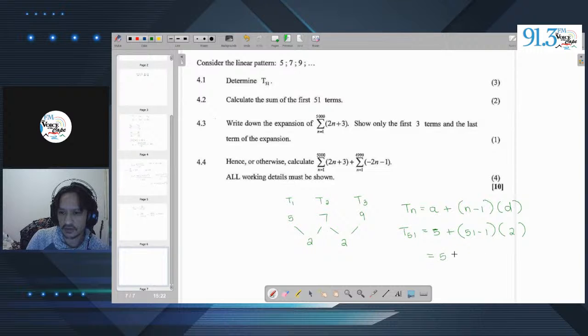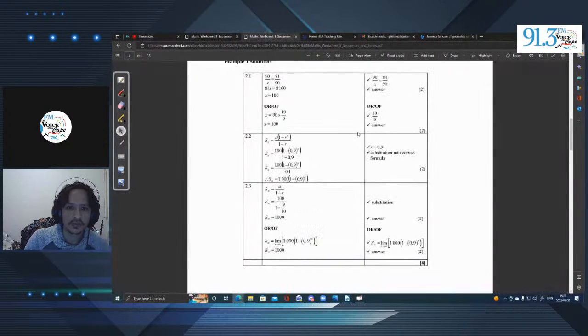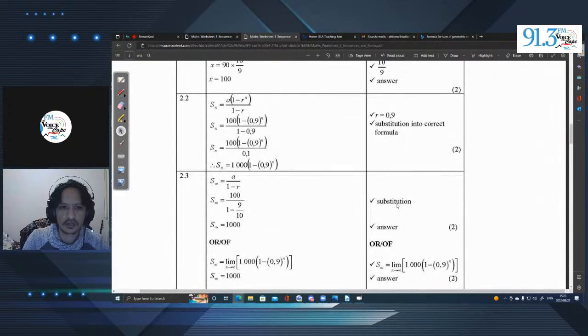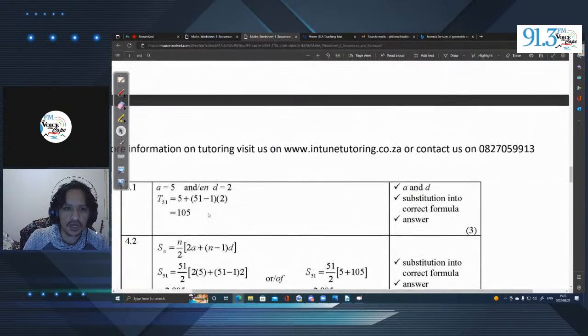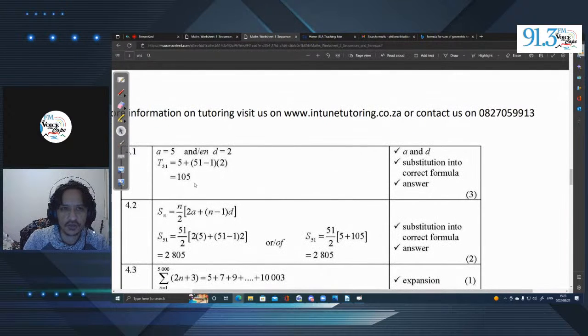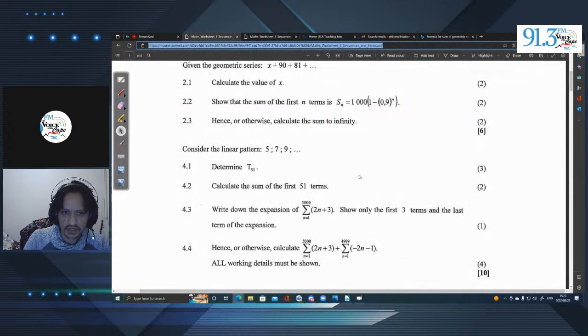So that's 5 plus 50 times 2, which is 5 plus 100, and our answer should be 105. Now, let's see if this matches for 4.1. Let me zoom in. There we go, 105, exactly as shown.